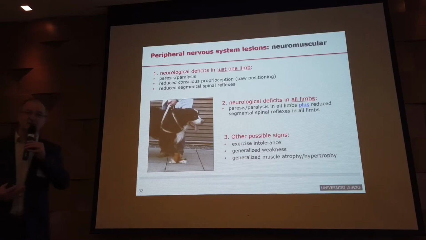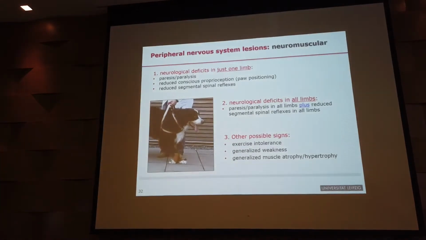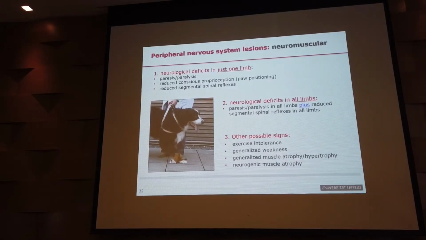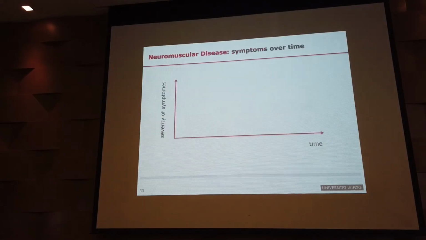Some generalized muscular diseases may lead to muscle hypertrophy. So that would be another of those gray symptoms. If you have a patient that shows any of those symptoms, that's getting tricky. If you have a patient that shows that or that, it's easy to determine it's peripheral nervous system disease.